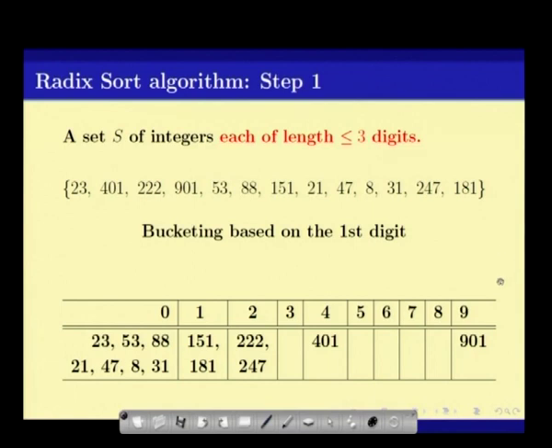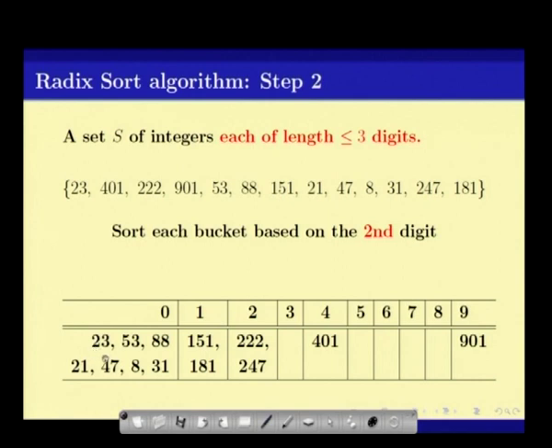Now, once we have the bucketing done based on the first digit, we have to do the bucketing based on the second digit, and unfortunately I cannot draw them in this 2D setting, but imagine that I have a bucket of buckets. So, the zeros bucket is split into more buckets, and I will be splitting it in terms of the second digit.